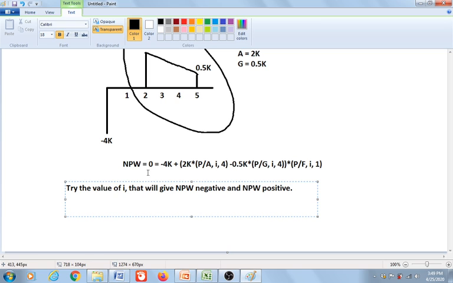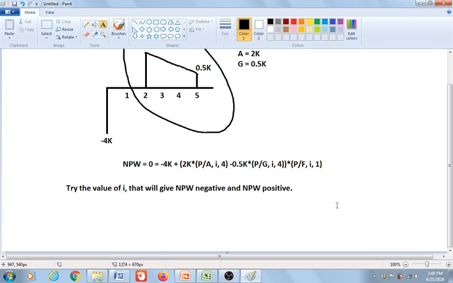Why negative and positive? Because here the NPW equals 0. So when you have a value of I that gives NPW negative, and a value of I that gives NPW positive, then you can do interpolation.